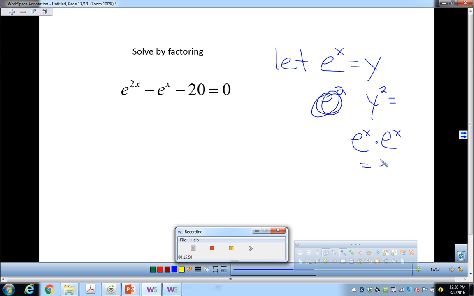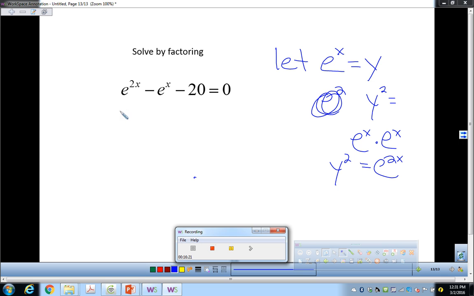Not e to the x squared, you would add the exponents, e to the 2x. So y squared equals, so I would do a substitution here. Rewrite this equation like this, and then factor it, and then solve the equation. What's the answer? I'm not telling you yet.